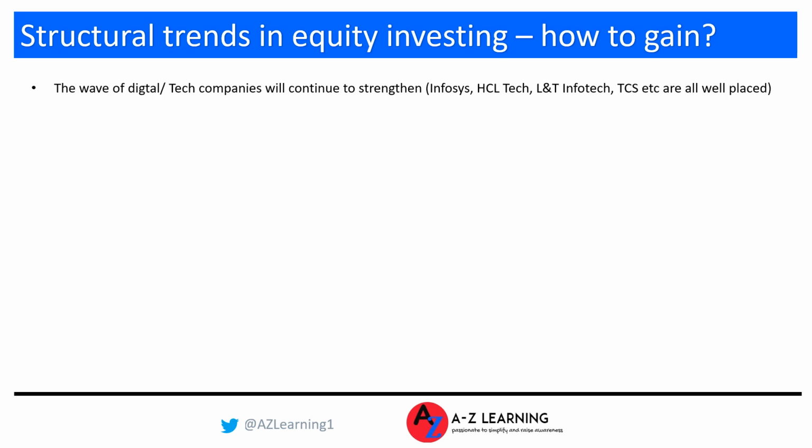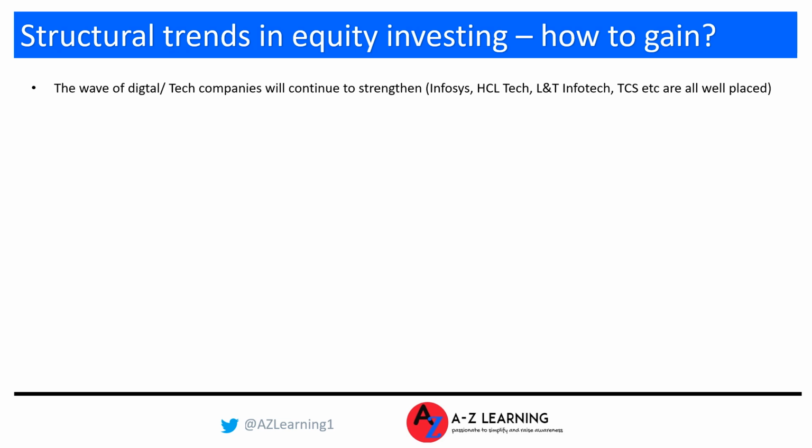The first major theme that I see is that this wave of digital and tech companies will continue. They have already benefited on the back of the pandemic. Suddenly, most corporates, most businesses moved from working from office to working from home 100%, and it tested the technology infrastructure that companies had.